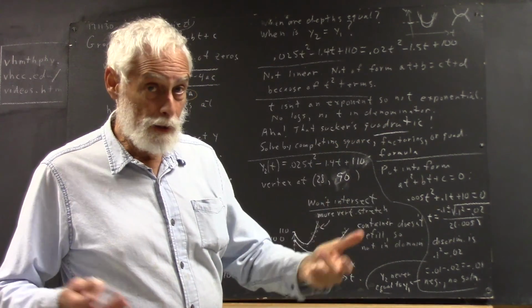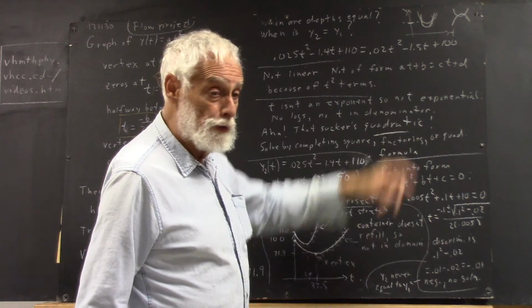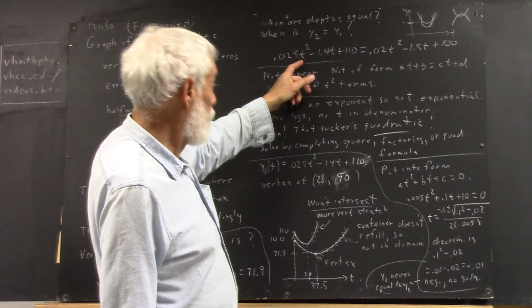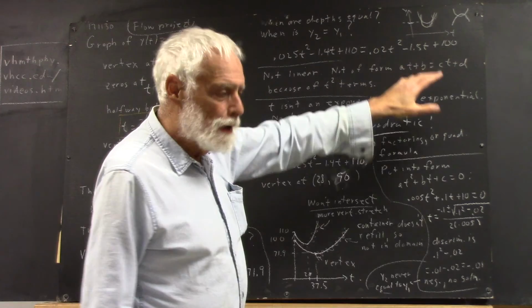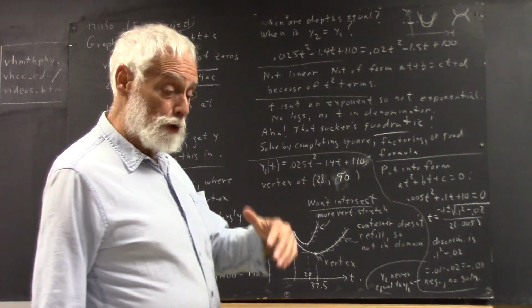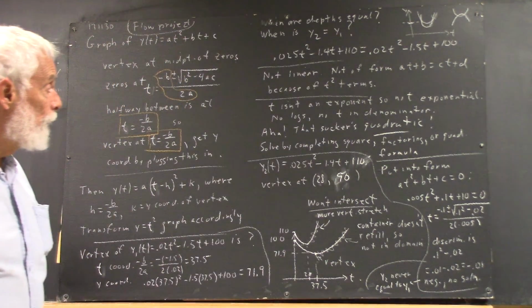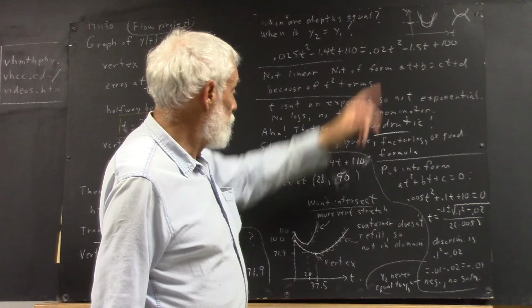Now, people had a lot of trouble understanding that this is a quadratic equation. A quadratic equation means you have polynomials of degree 2. So we can solve this.